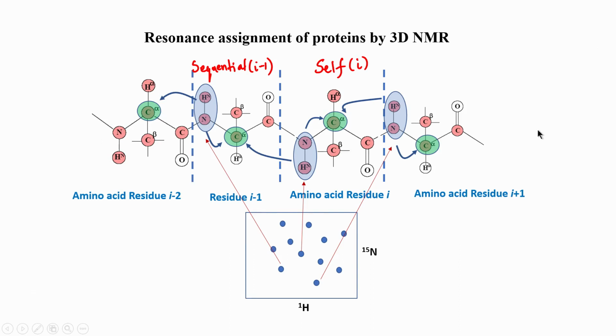Similarly, here we may go up to I plus 2 and I plus 3, and then again we may find a missing peak, and then again we will not be able to proceed further. So, we would have assigned from I minus 2 to probably up to I plus 3, which is about 5-6 amino acids. Okay. So, this is how we go in batches of 5 and 6 amino acids along the protein sequence and try to complete the assignments.